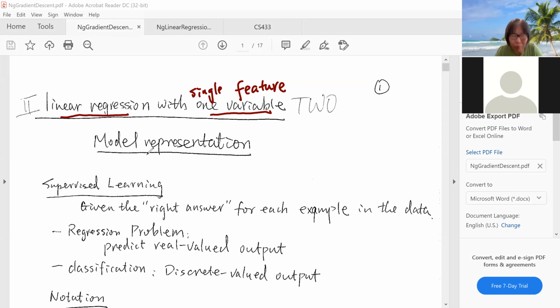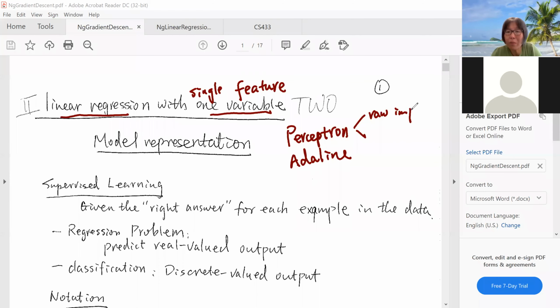Okay. Based on what we already learned in the last unit, which is about perceptron and Adaline, for perceptron we discussed both the raw implementation and we also discussed sklearn.